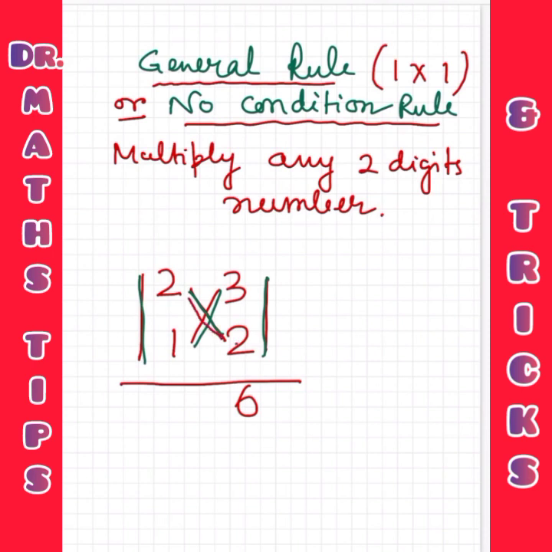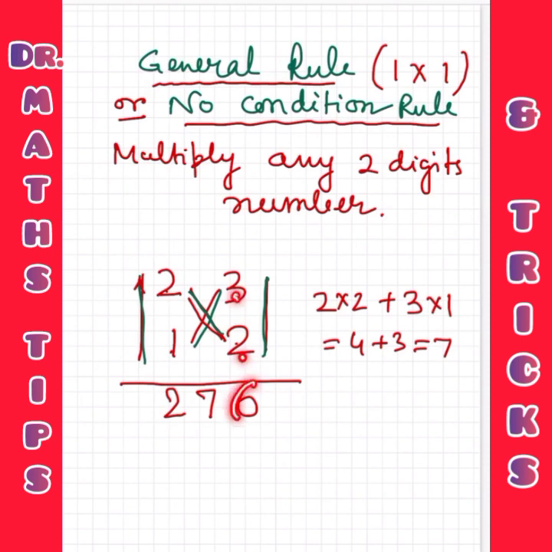Then 2 into 2 plus 3 into 1. 4 plus 3, that is 7, and we will put 7 here. Now we will multiply 1 into 2, that is 2, and put this 2 here, and our multiplication is done.